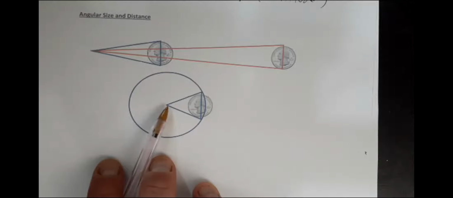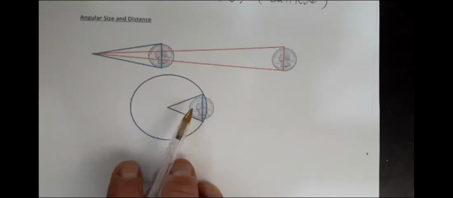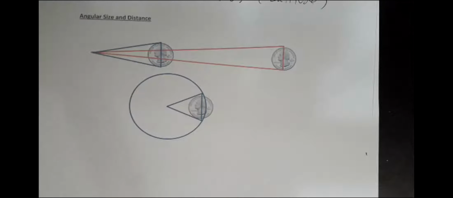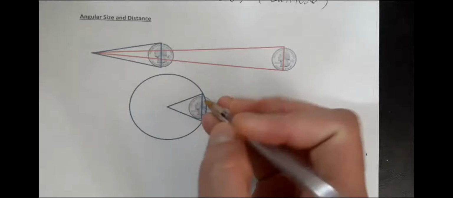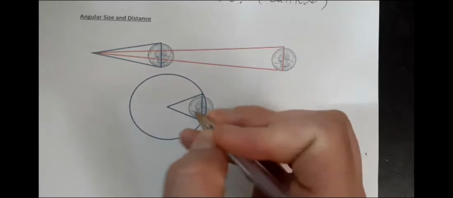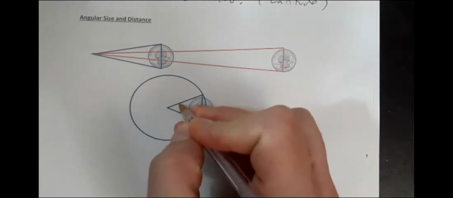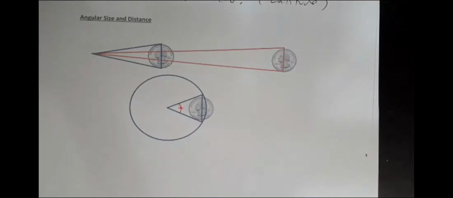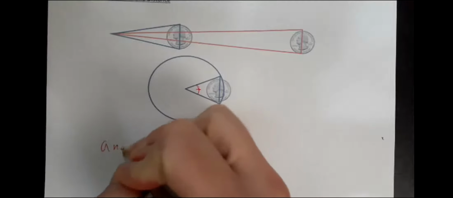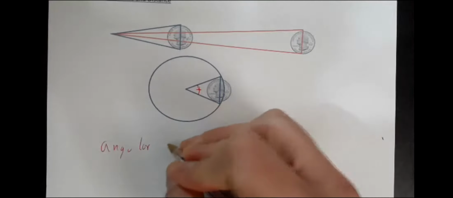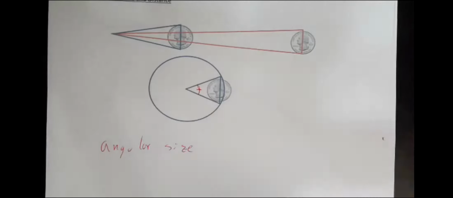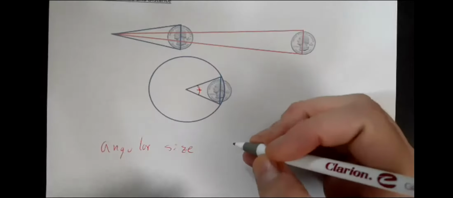We're looking at this coin, and we want to look at the physical height of this object versus its angular size here. And so I'm comparing angular size and the physical object.